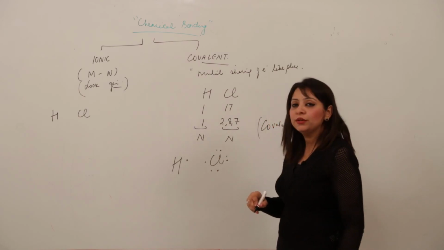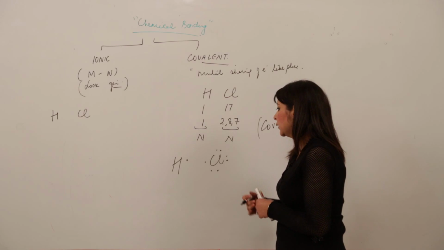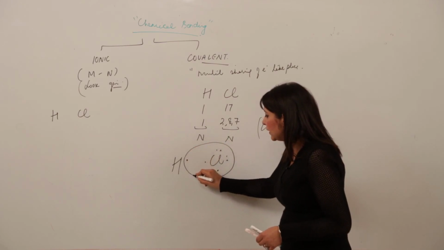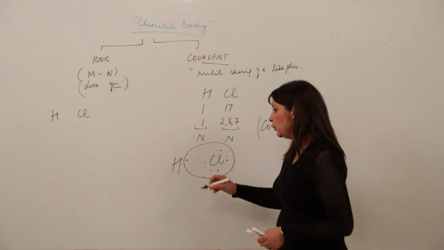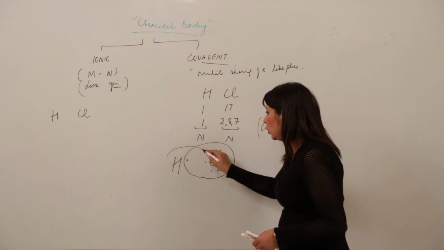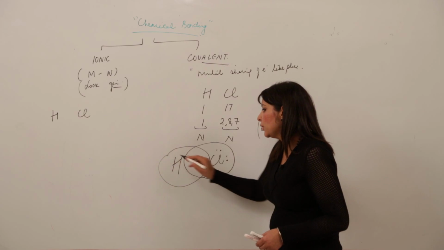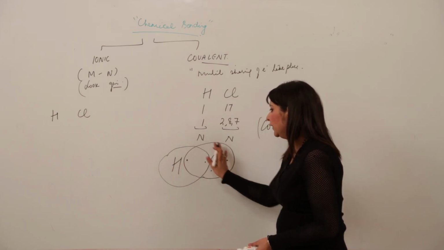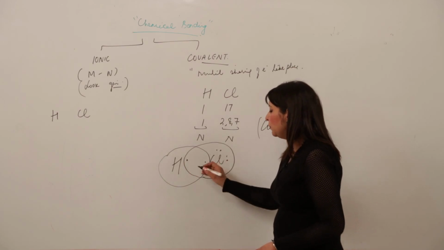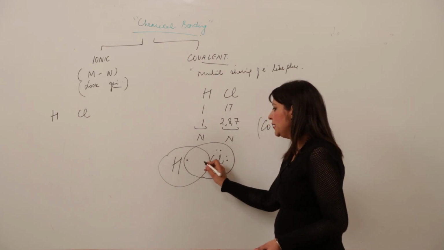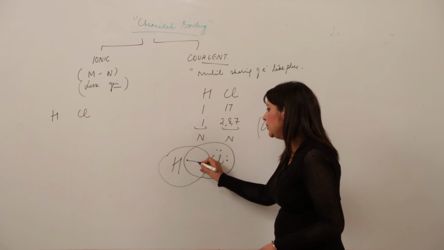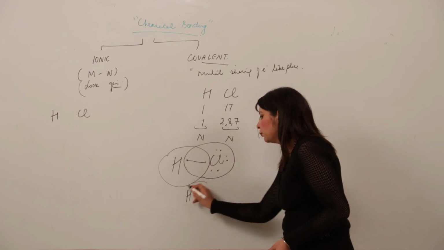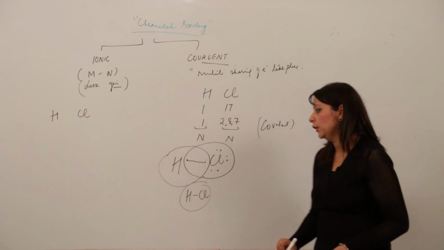So what they will do is mutually share electrons: chlorine will share the hydrogen electron, and hydrogen also needs 1 electron, so it will also share its 1 electron. After doing it, hydrogen will complete its duplet and chlorine will complete its octet. So 1 electron and 1 electron is being shared, so there is 1 electron pair. So it is called a single covalent bond. This is how the bond is formed.